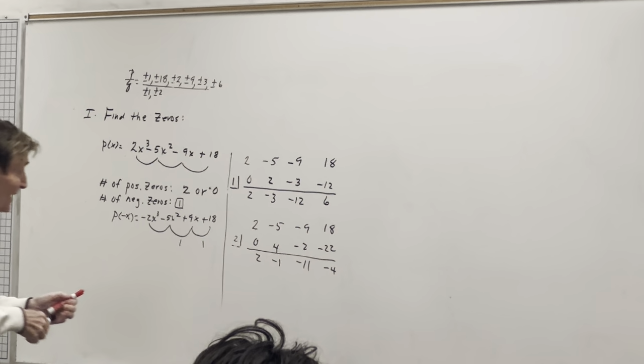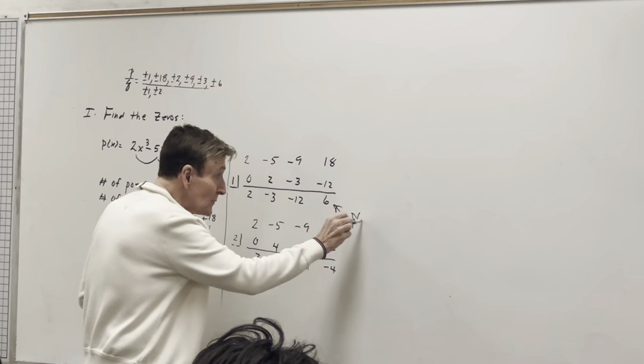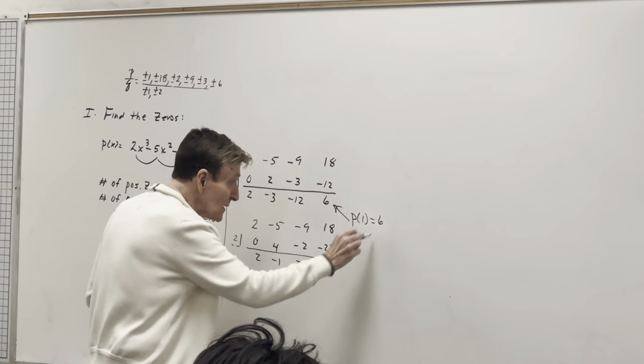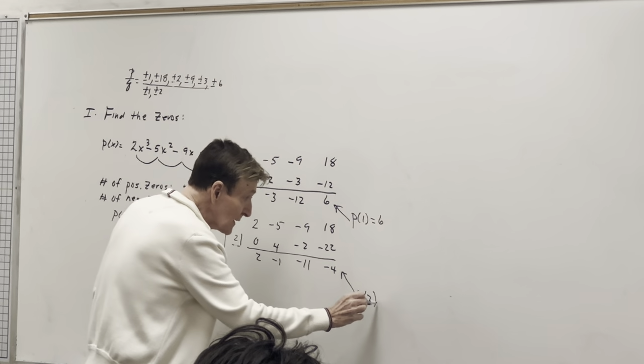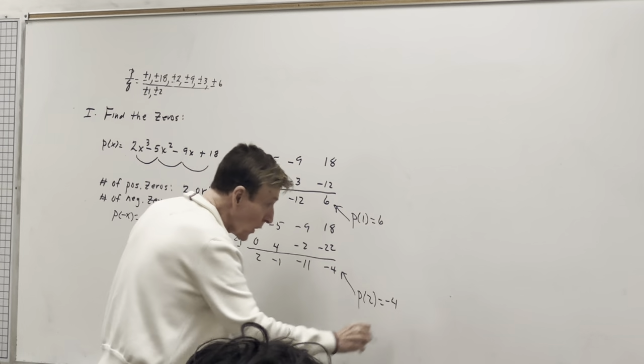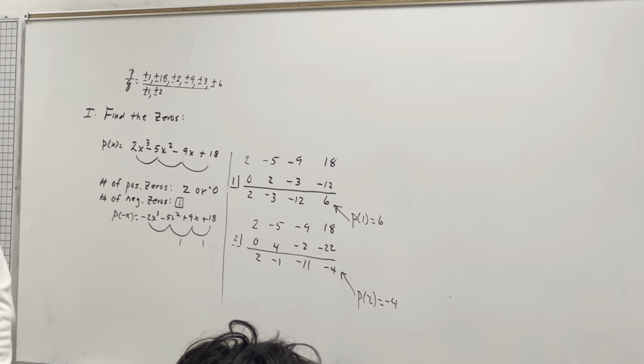So this is saying right here, it's a benefit for me that P of 1 is 6. This one says P of 2 is -4. Is that true? I love this. It's not exactly what I want.